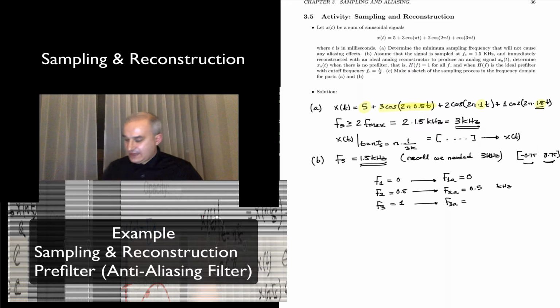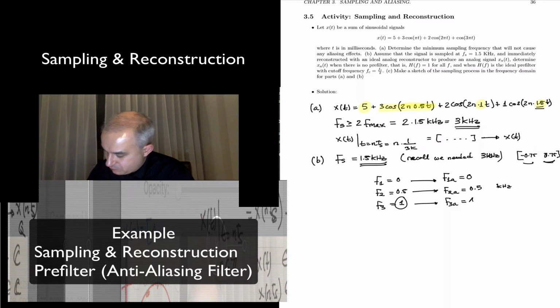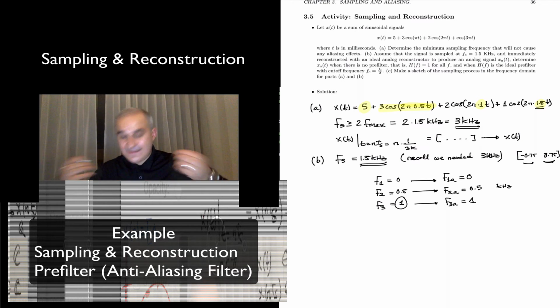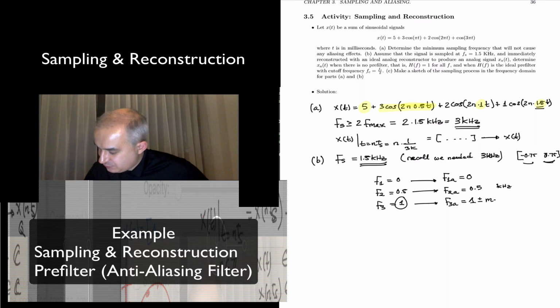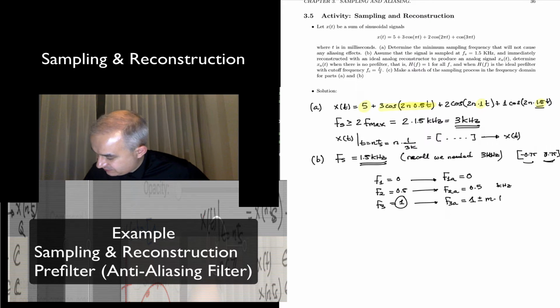How do we determine the alias? You pick the frequency that you have, 1 kilohertz, and then, because we have spectral replicates at the sampling frequency, you can say plus or minus multiples, I'm going to say m, times the sampling frequency Fs, which in this case is 1.5 kilohertz.